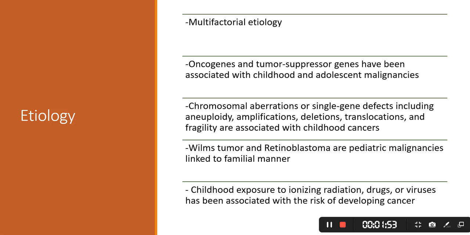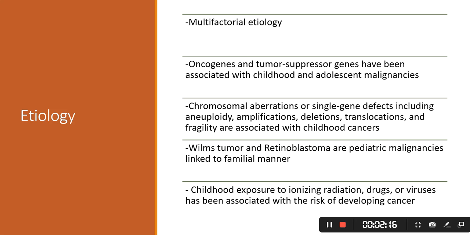What are the causes? It can be multifactorial, from the fetal stage to the mature stage. Oncogenes and tumor suppressor genes may have been associated with the childhood and adolescent malignancies. There can be chromosomal aberrations or single gene defects, including aneuploidy, amplification, deletion, translocation, and fragility.